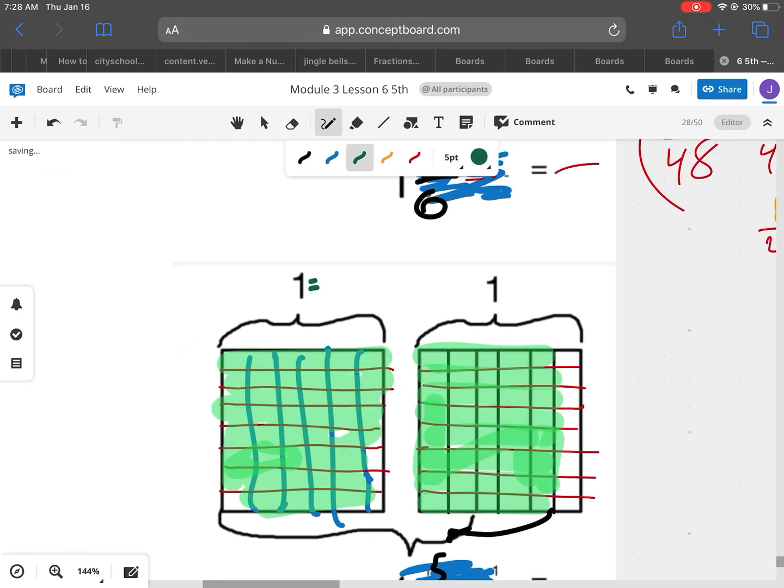Here I have 48 48ths again. And then here I'm taking 8 away from it, so it's going to be 40 48ths.